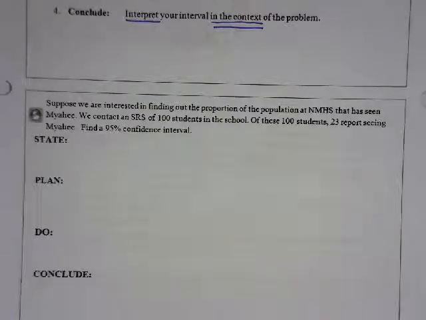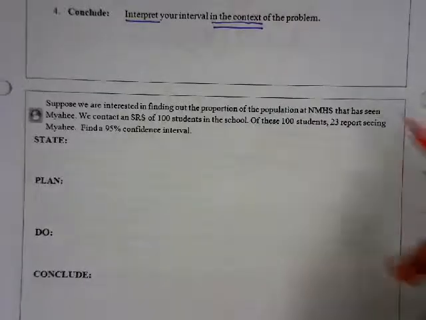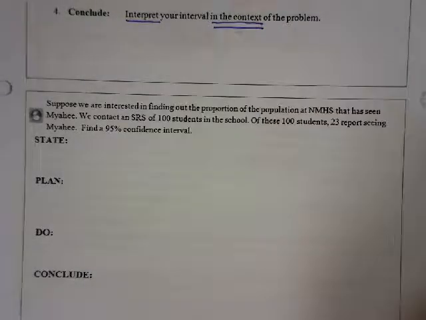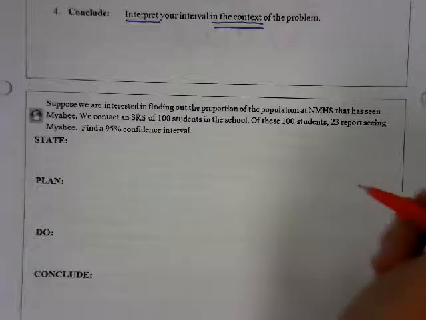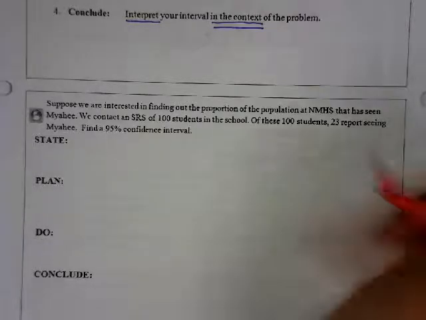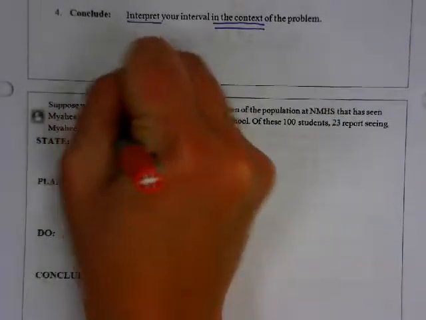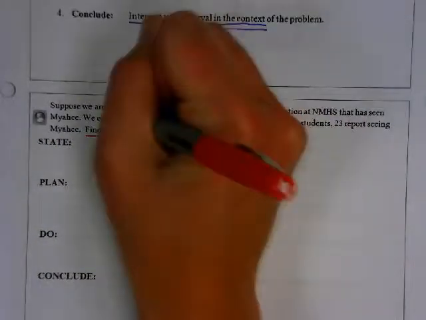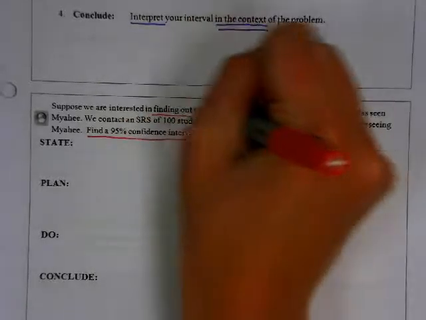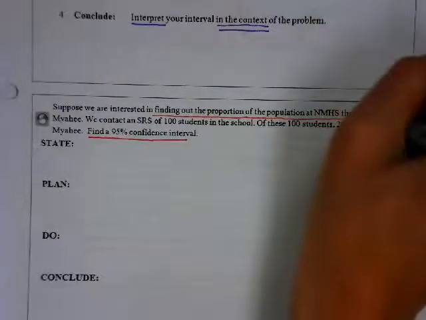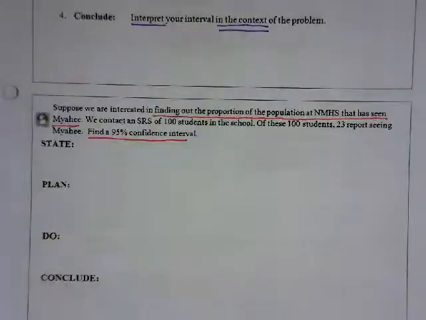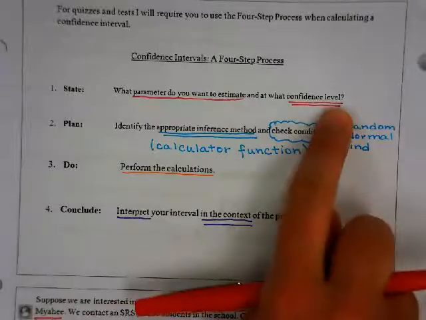All right. So, Maddie, read this for us. We're going to find a 95% confidence interval. We want to find out the proportion of the population at NMHS that has seen the video. So the state part: what parameter are we estimating and at what confidence level? It's a statement.